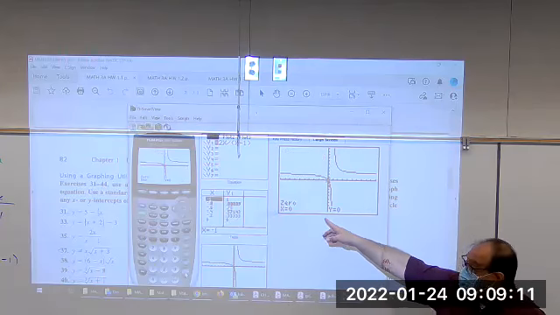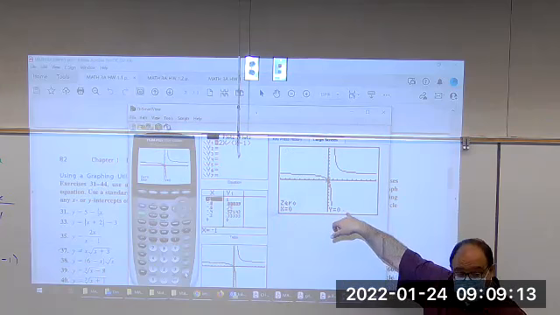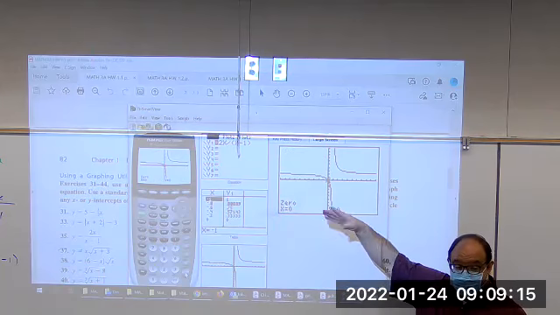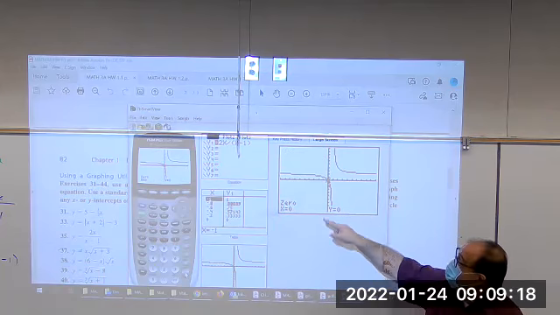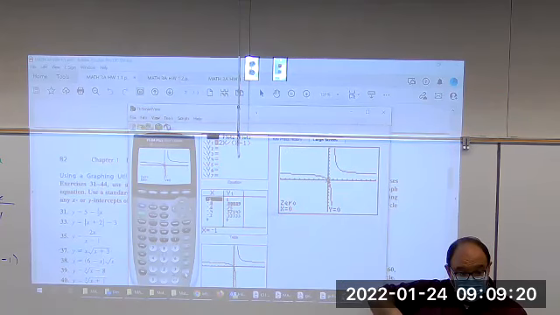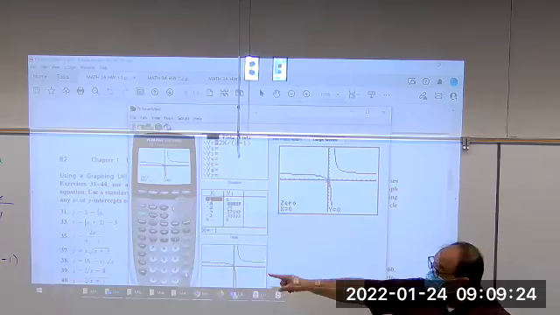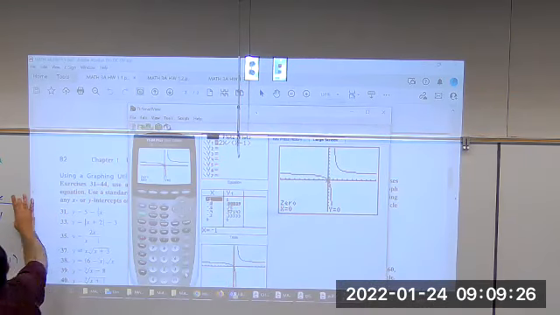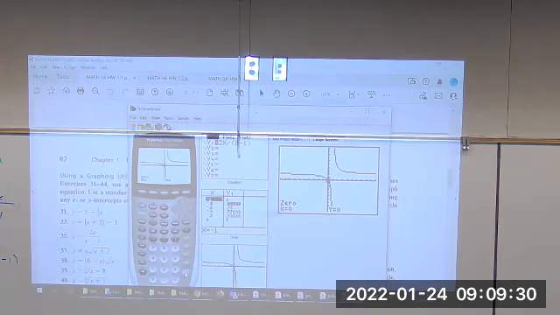So where does it cross the x-axis? At 0. Where does it cross the y-axis? At 0. The x-intercept is 0, the y-intercept is 0. This looks exact, because it doesn't cross it again. If I plug in 0.1, this does not equal 0. If I let y equal 0, I will get x equal 0.